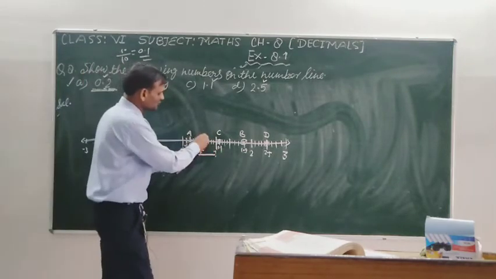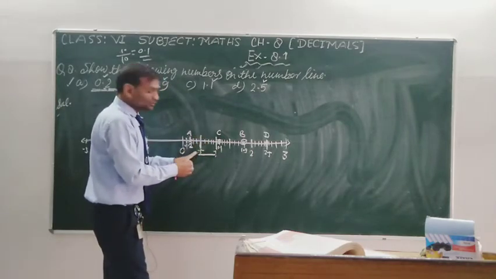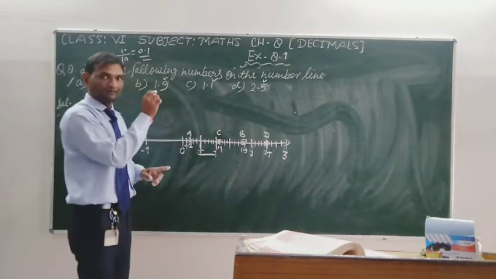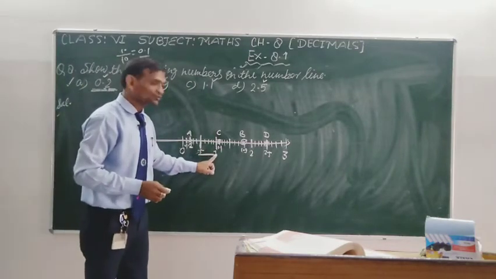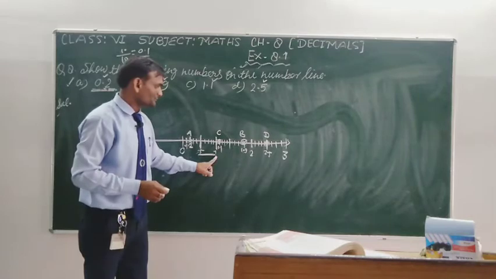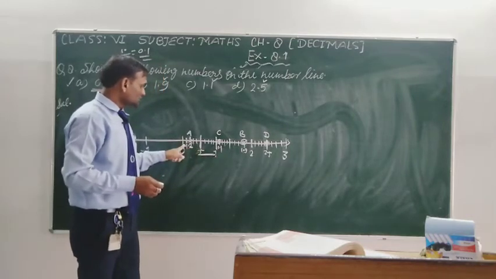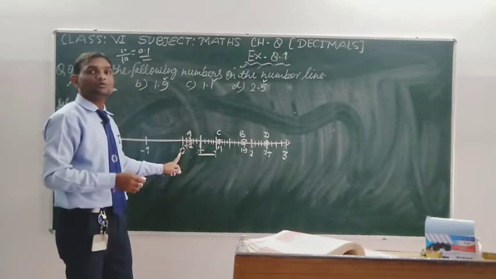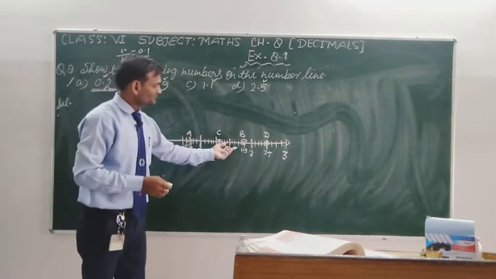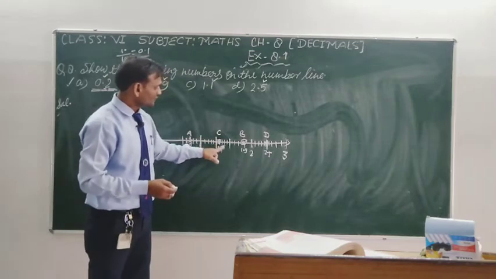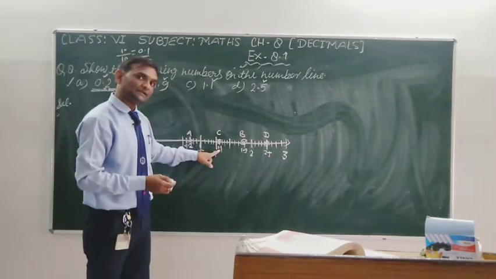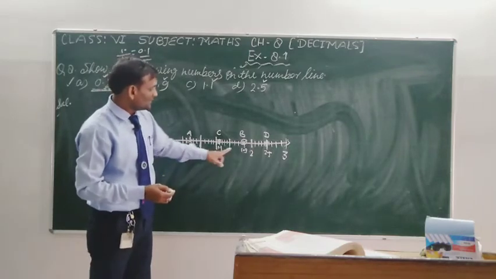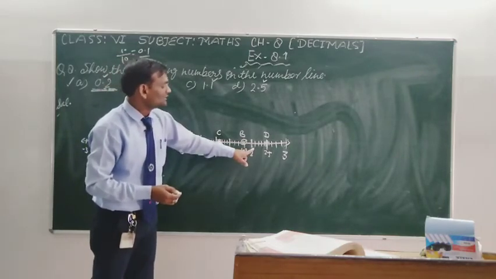So from 0.5 to 0.9 all are nearer to 1, and 0.1 to 0.4 all are nearer to 0. According to this, for this decimal number you can tell 1.1 is nearer to 1, but 1.9 is near to 2.